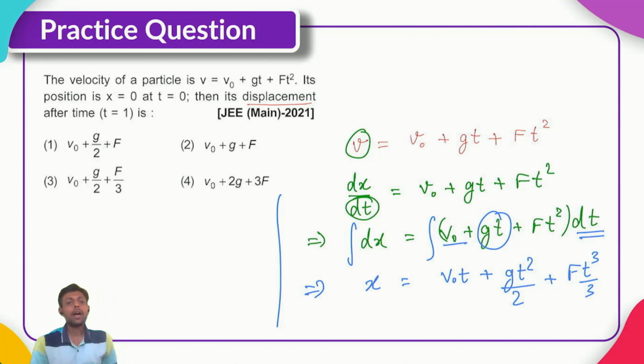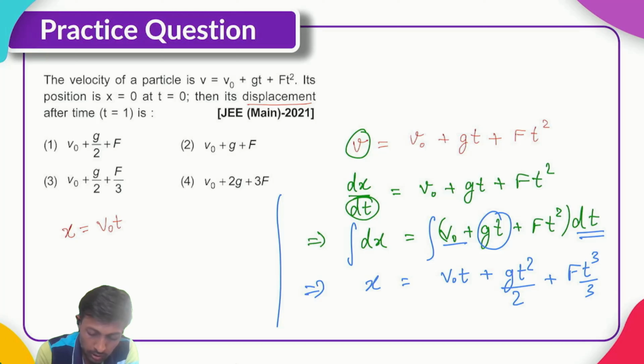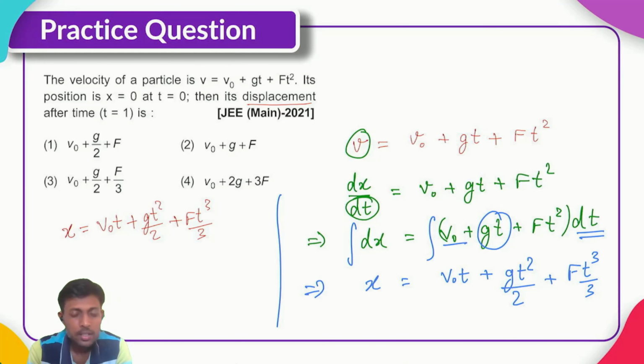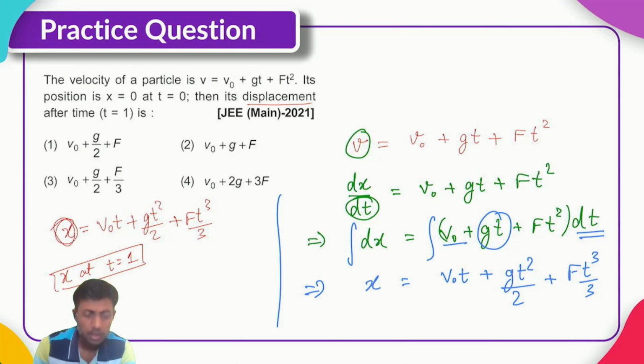Now comes the final step. We know that x is equal to v naught t plus gt square by 2 plus ft cubed by 3. And I have to find out what is the displacement. That means what is the value of x at time t equal to 1 second, or whatever is the unit.